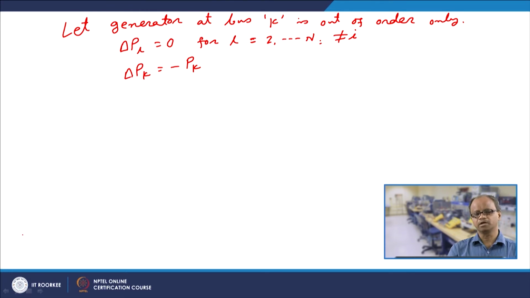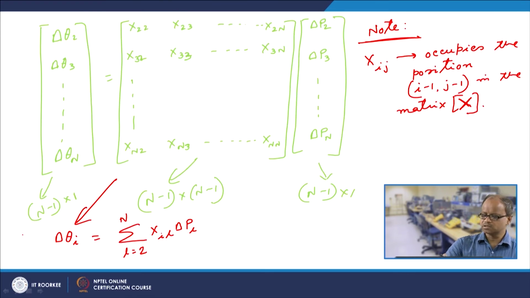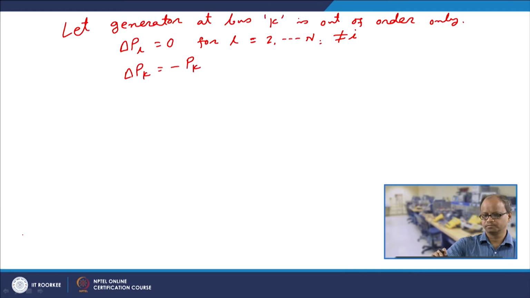So then, in this column there would be only one non-zero quantity, the others would be 0. So, right now we would be only taking this expression delta P k.